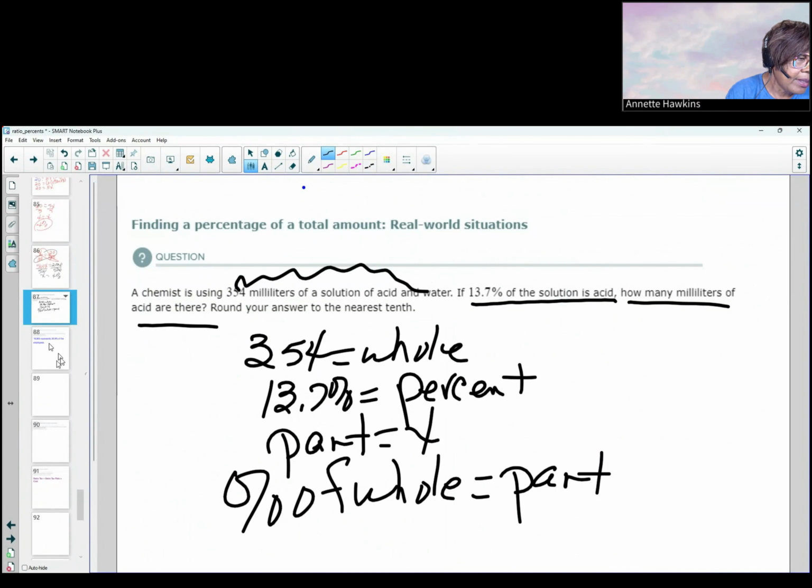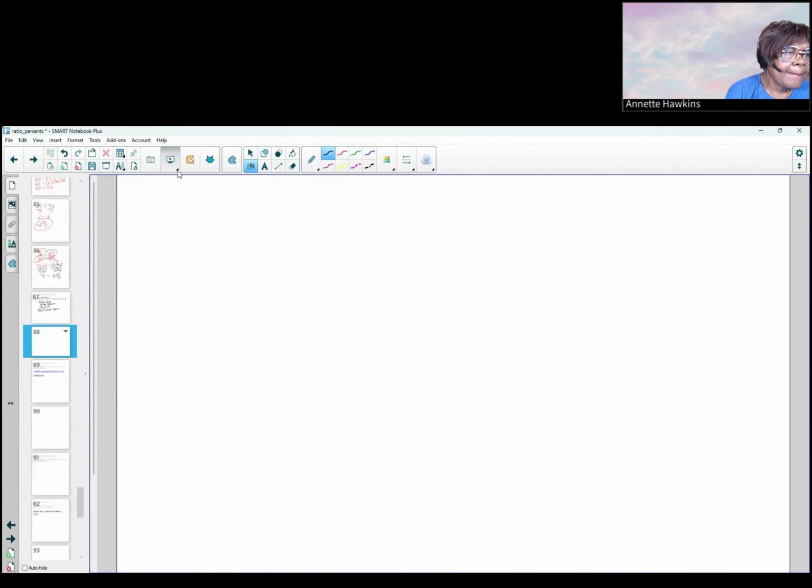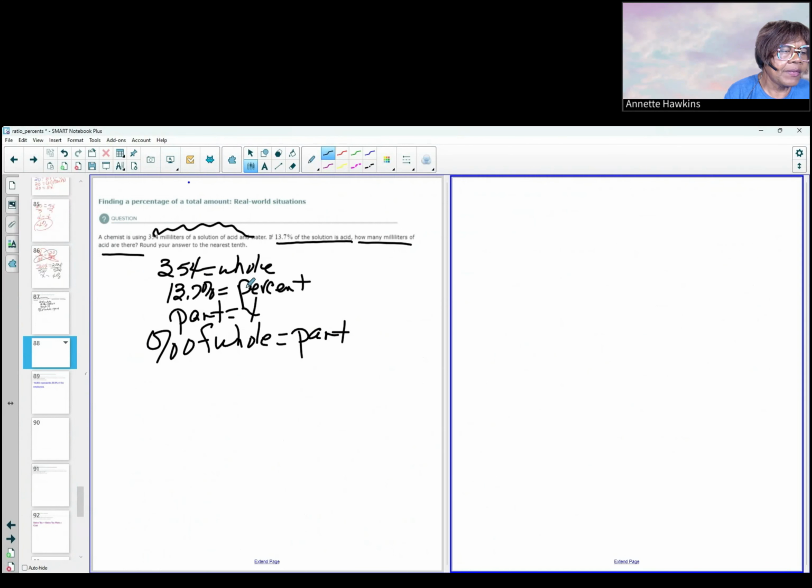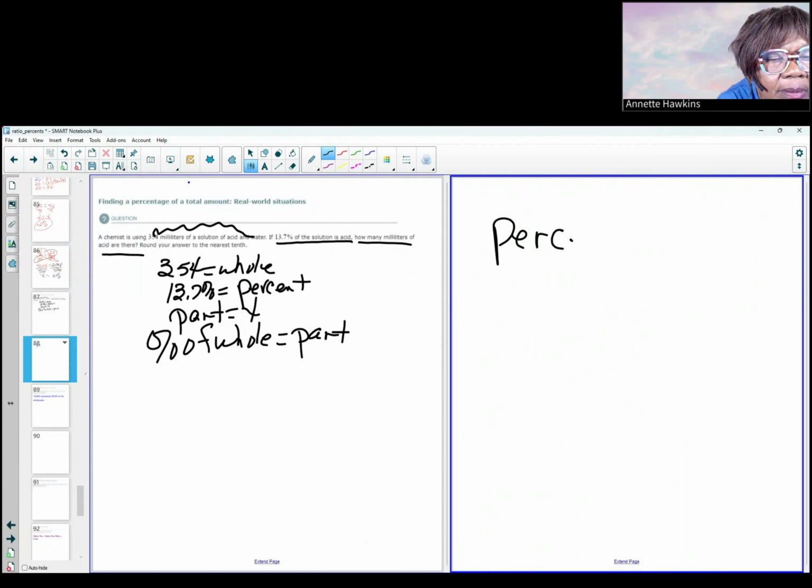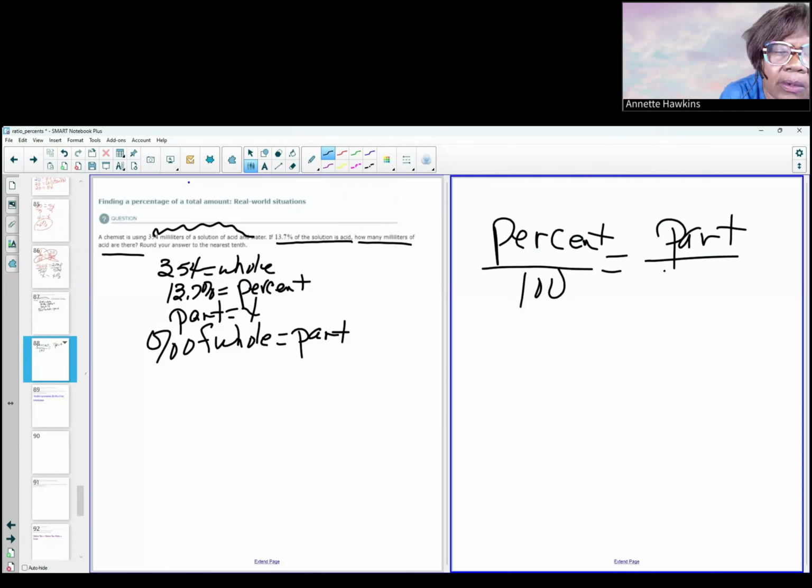I'll set this one up using a proportion. So we know that percent over 100 equals part over whole. The percent is 13.7. Just a reminder, when I put this over 100, I don't move into decimals.